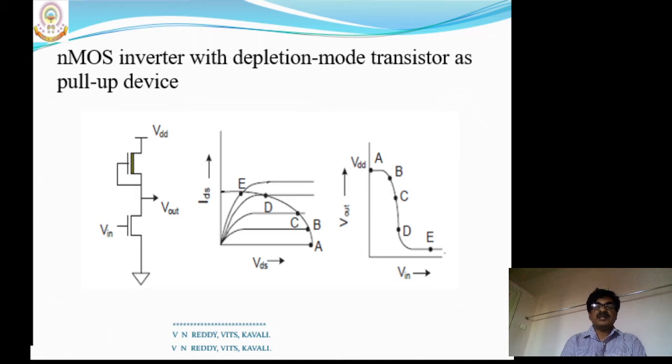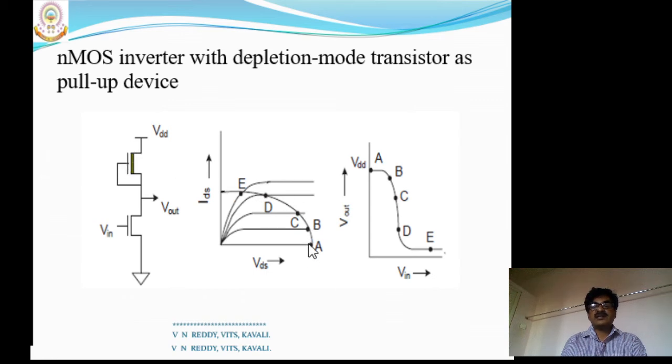Let us see first of all whether this circuit works as an inverter or not. Coming to the pull-up device, it is also a transistor of type depletion mode, and if you see here, the gate is short circuited with its source. That means VGS is 0. So the VGS = 0 characteristic of this depletion transistor you need to consider.